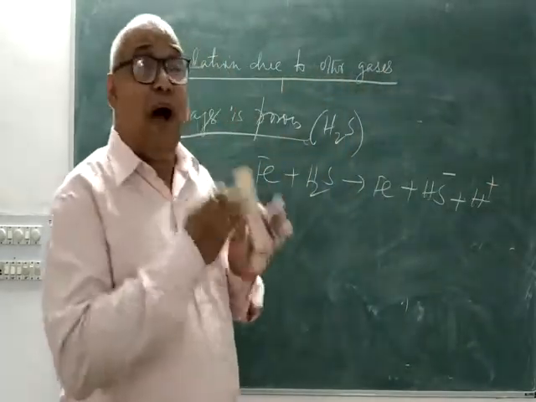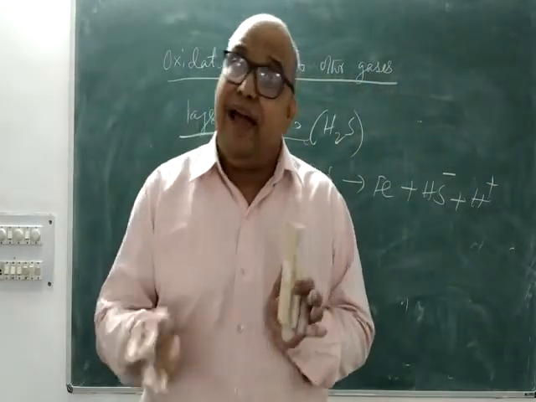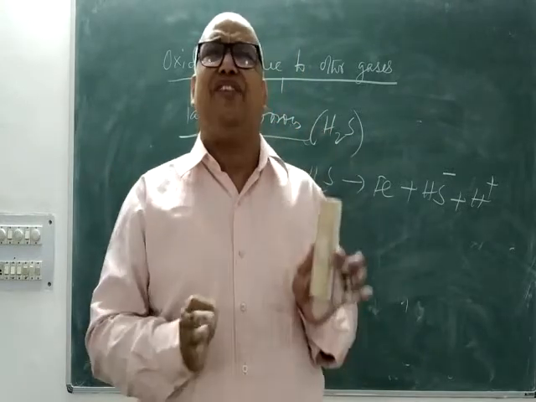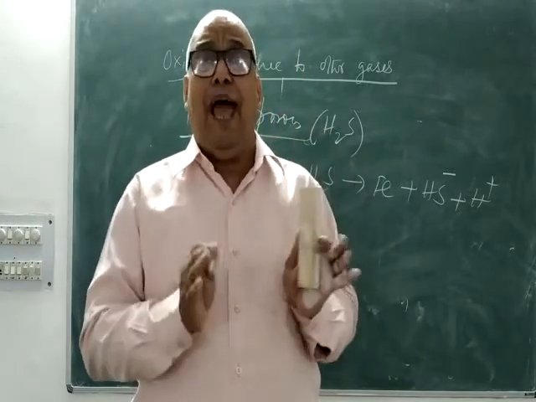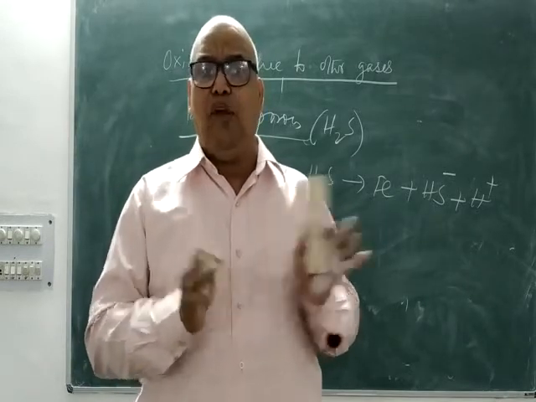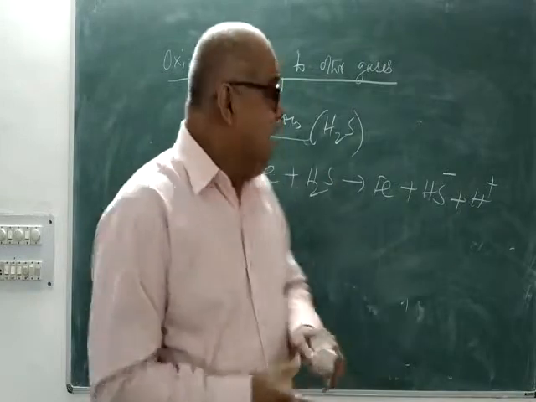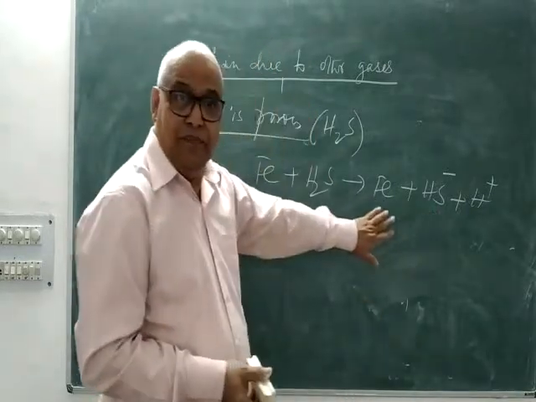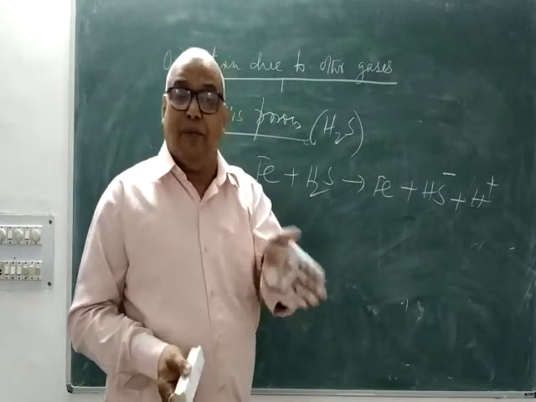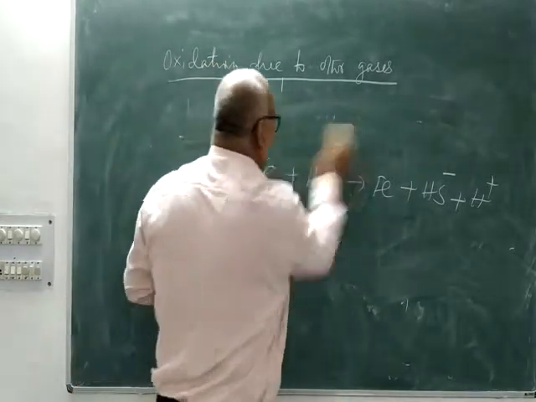Actually, the mechanism of how hydrogen sulfide attacks iron is not very clear. It is poorly studied. But we have two proposed mechanisms. We will be discussing both the mechanisms here. Once this is formed, they will proceed by two different mechanisms. Let us see one by one.